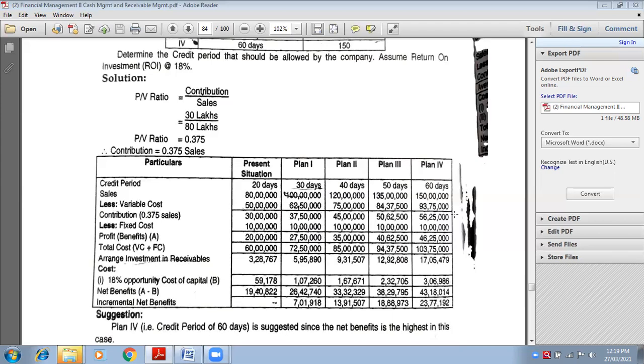Next, plan 4. The total cost is 1 crore 3 lakh 75,000 into 60 divided by 365. Give me the total answer of average investment in debtors.